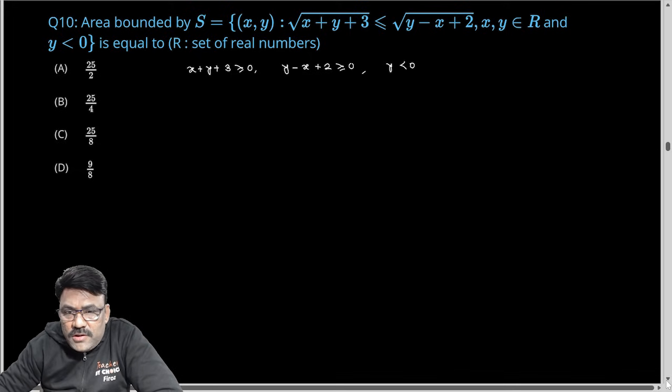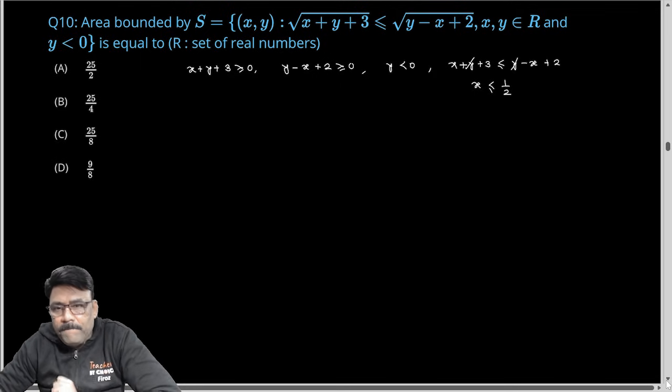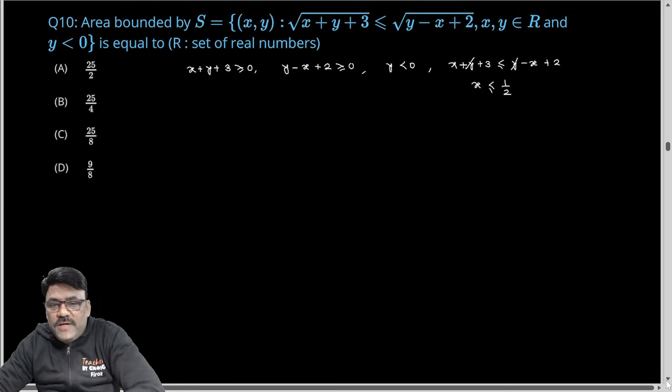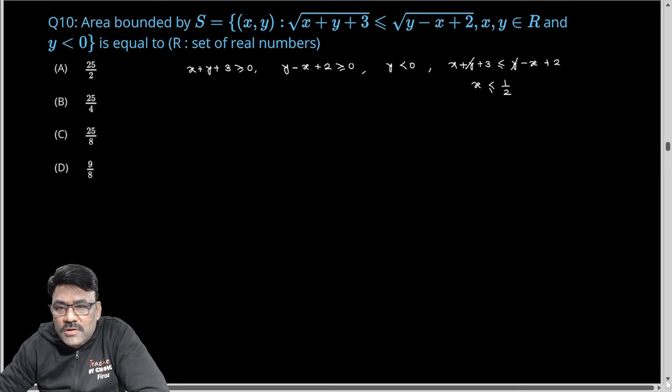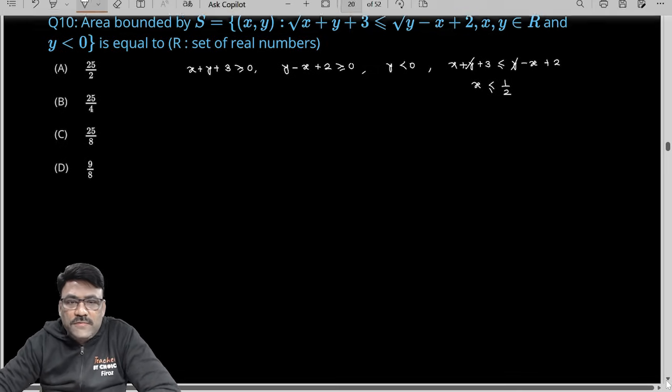Now if I square both sides of the given inequality, I will get x plus y plus 3 less than or equal to y minus x plus 2. So here y disappears. 2x less than 1, so x less than or equal to half. So now you have to find the area bounded by these four inequalities: first, second, third, and fourth. So let's draw the figure now.